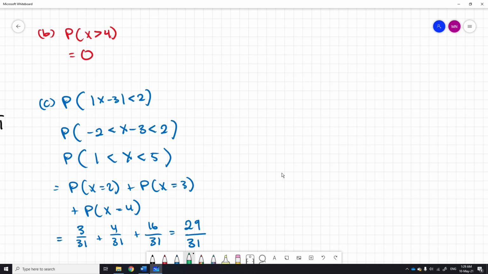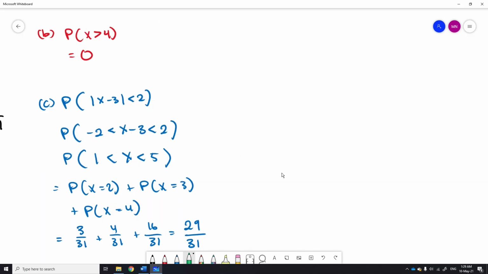Alright, for question D, the probability where x is equal to 1.5. The same thing: we don't have any input value or random variable at 1.5, so this is just equal to 0.